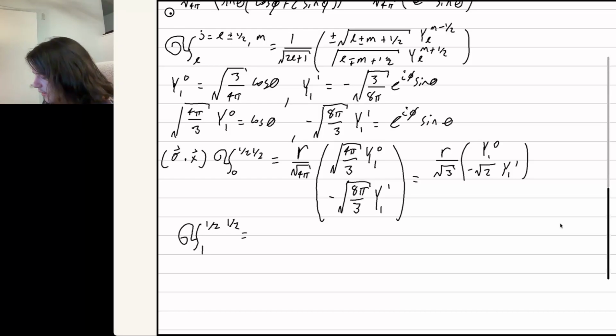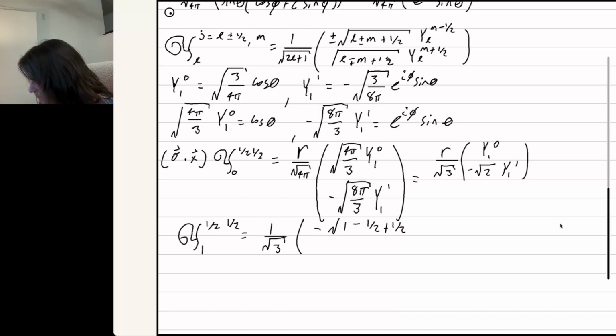Now plugging in all of that stuff, the normalization constant out front is going to be 1 over root 3. That's nice. We'll have minus, what is this? 1 minus 1/2 plus 1/2. So it's root 1 times Y10. And then down bottom we'll have 1 plus 1/2 plus 1/2, Y11.